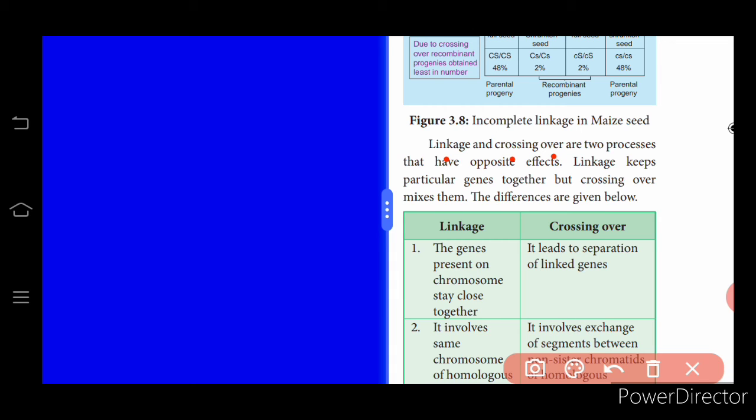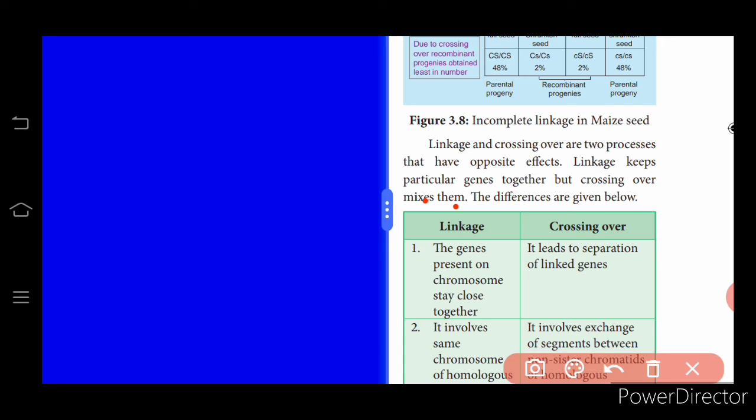You can just learn these two lines by heart, it is easy for you. Linkage and crossing over are two processes that have opposite effects. Linkage keeps particular genes together, but crossing over mixes them, and it forms a recombinant effect.